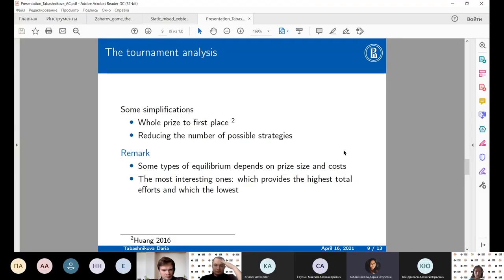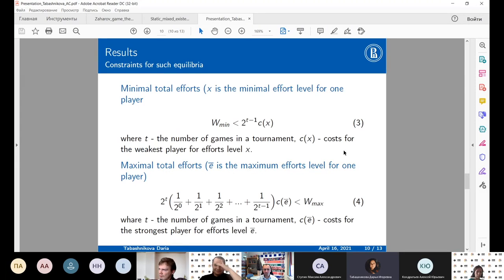We can see that these different types of equilibrium, which I already described, depend on the prize size and the cost function. And we are interested in 2 extreme cases, when total efforts are minimized and when total efforts are maximized, and we get some constraints on them.